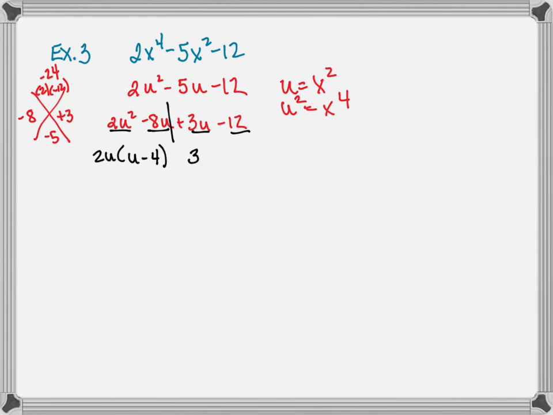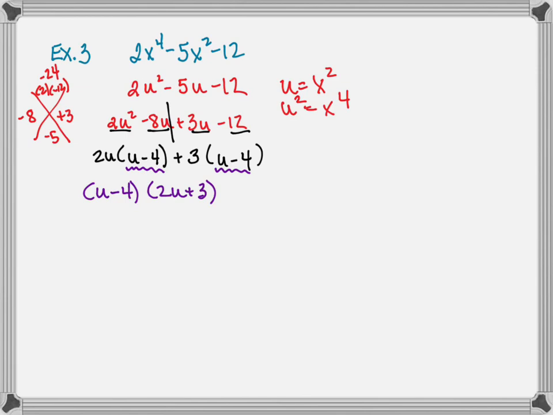Because my third term is positive, it's positive 3. And then 3u minus 12, if I divide both of those terms by 3, I have u minus 4. Now we have a common binomial term. Let's factor that out, u minus 4. And then in my second parentheses, I've got my two greatest common factors, my 2u plus 3.